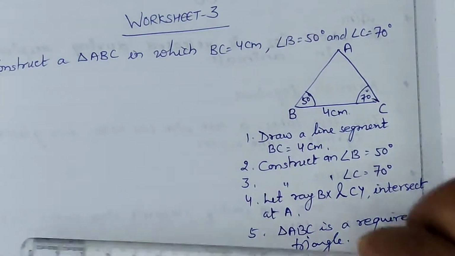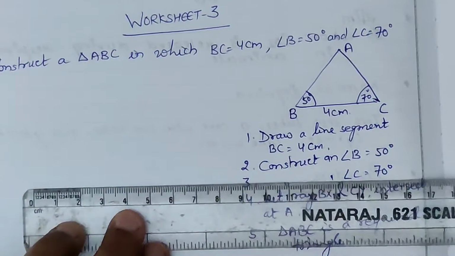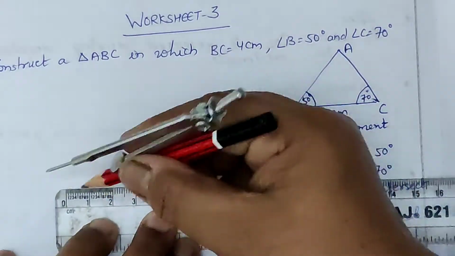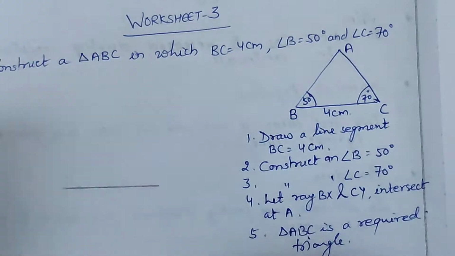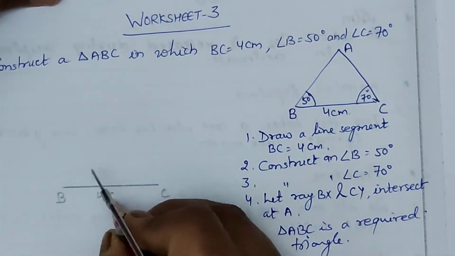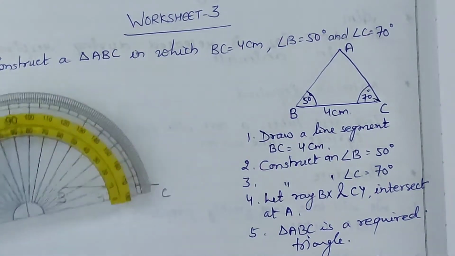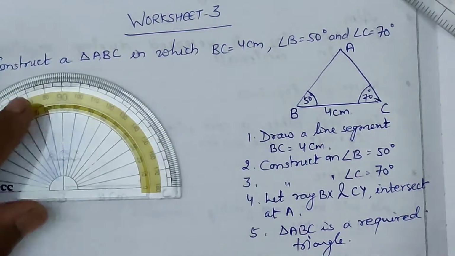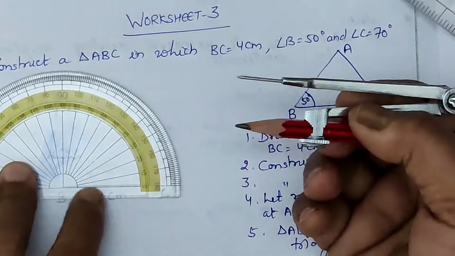Now the construction. First we have to draw the line BC equal to 4 cm. Okay. Now make an angle 50 degree and 70 degree. Both can be made by a protractor. Okay. At B, this is the center.